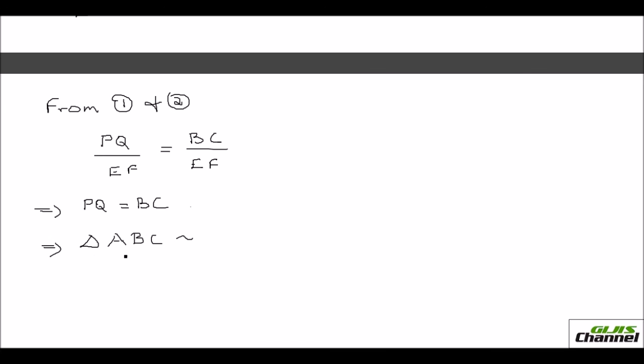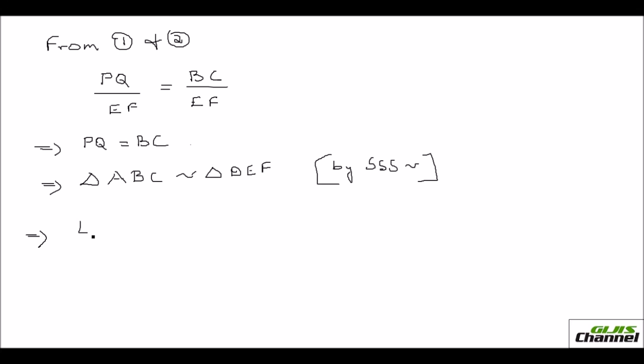So I can write triangle ABC is similar to triangle DEF, and hence you have shown that, by SSS, angle A is equal to angle D, angle B is equal to angle E, and angle C is equal to angle F. Okay, did you understand? So you have proved the theorem.